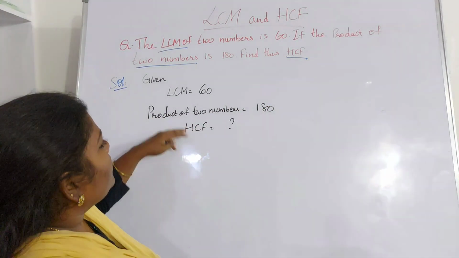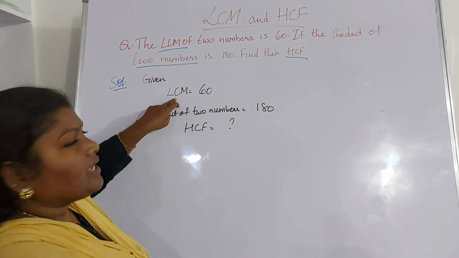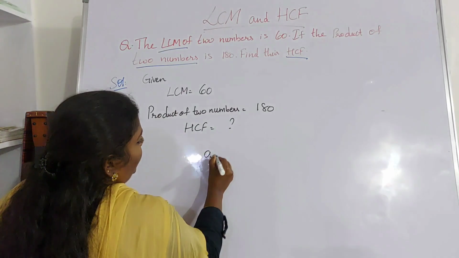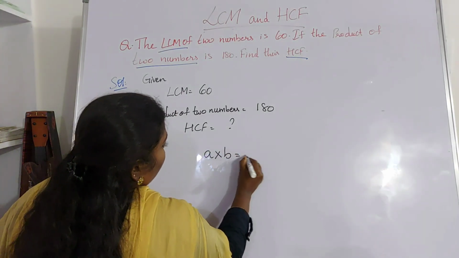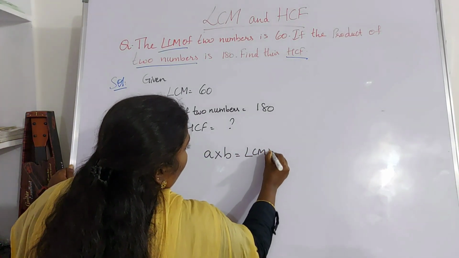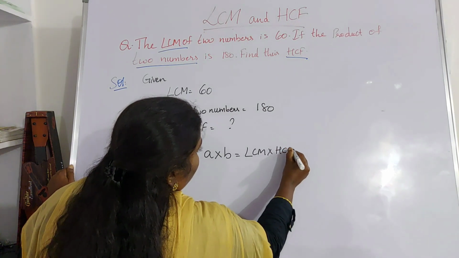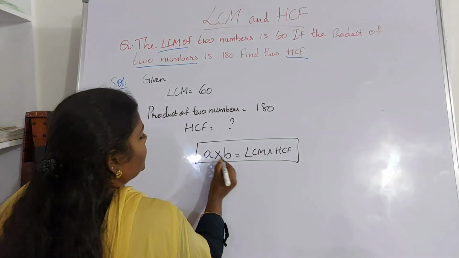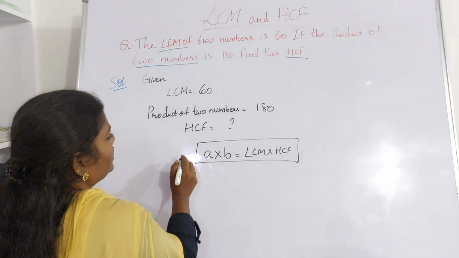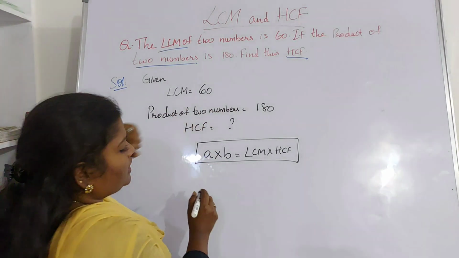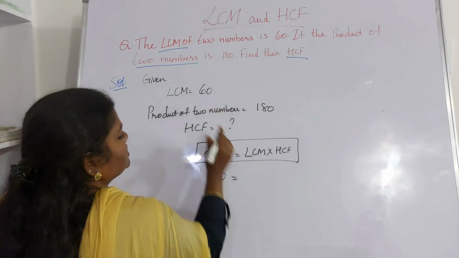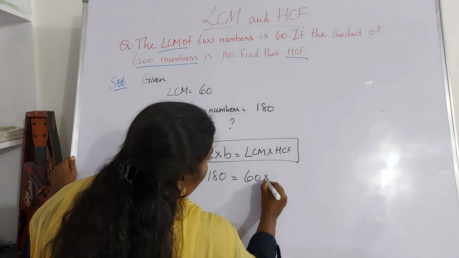Now what is the formula you have? LCM and HCF along with the two numbers. The formula is A into B is equal to LCM into HCF. So this is the formula to be used here. A and B are the numbers, and the product of two numbers is given, that is 180, equal to LCM 60 into HCF.